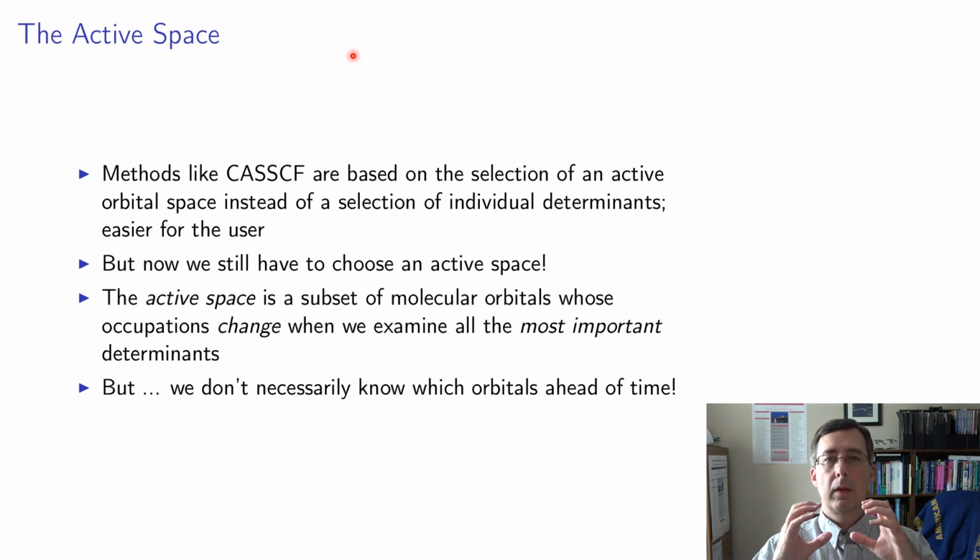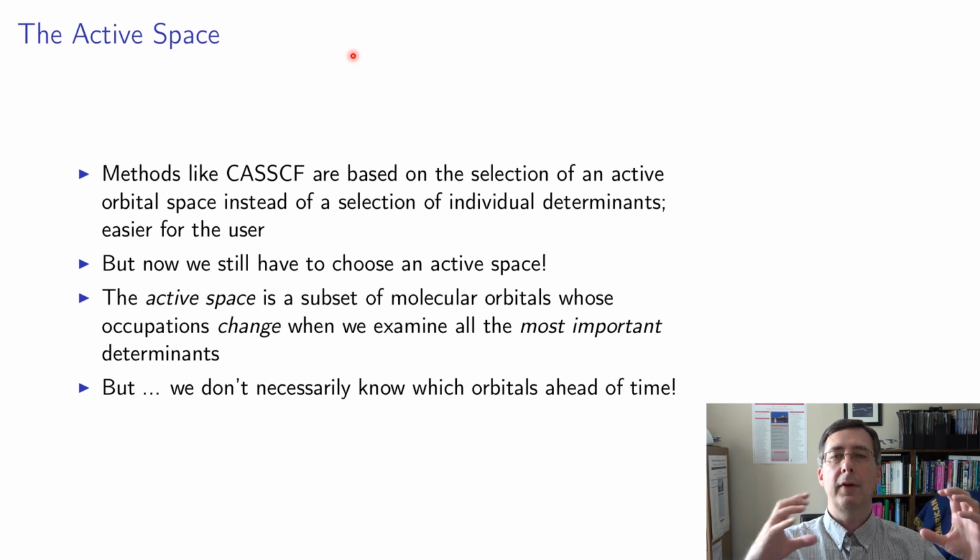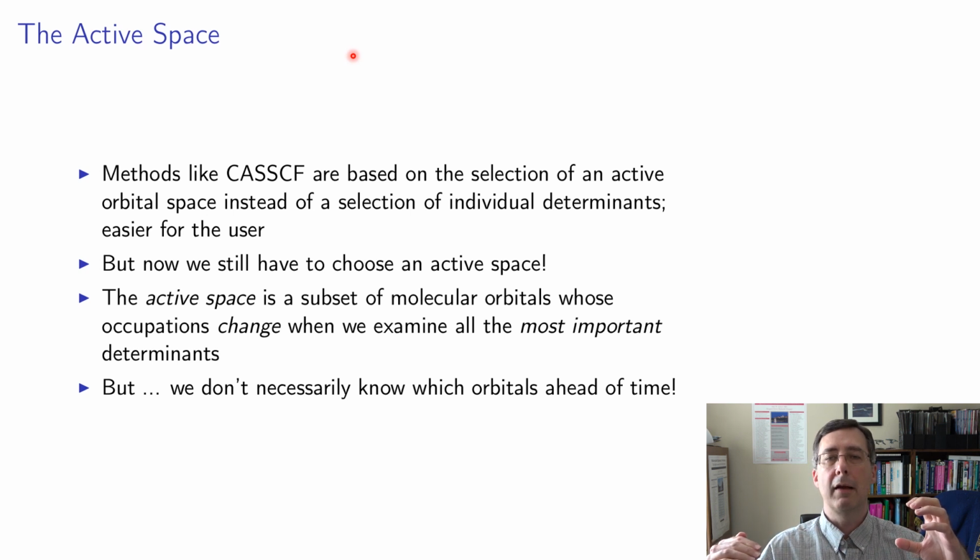Well, if I did know what all the important determinants were, I would compare them all. And I would say, okay, as I look across my list of all the important determinants, which orbitals ever have their occupation change? So if I have, say, 20 important determinants, and I see that a certain molecular orbital is doubly occupied in every one of those, that doesn't need to be in my active space because it doesn't change.